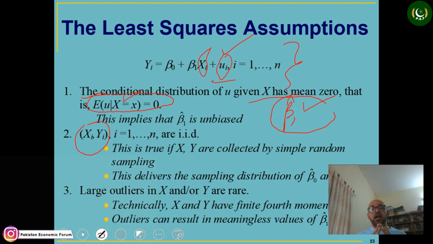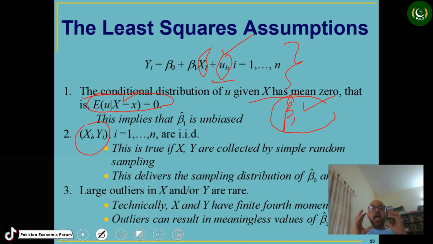Large outliers are rare. Usually this assumption is not listed in many econometrics textbooks. If there is an outlier, that will lead to bias in the OLS estimator. We'll discuss in a short while how it leads to bias.